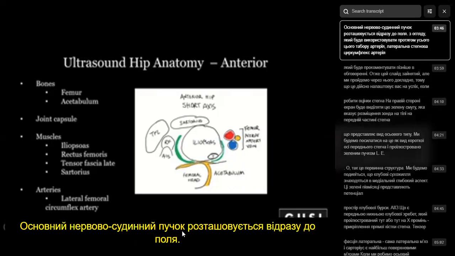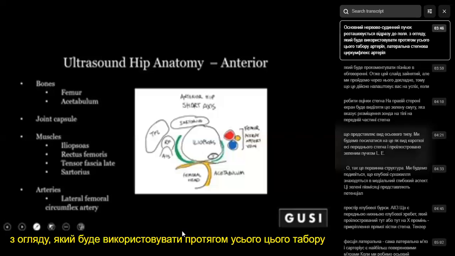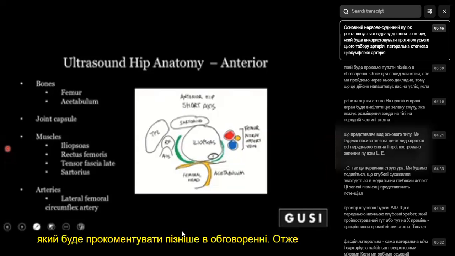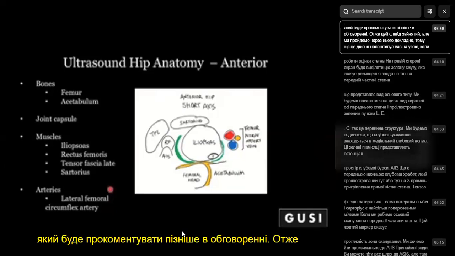The main neurovascular bundle is located medially to the field of view, which we'll be using throughout this scan. There is an artery, the lateral femoral circumflex artery, which we'll comment on later in the discussion.